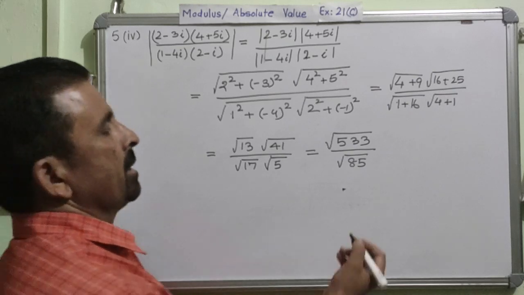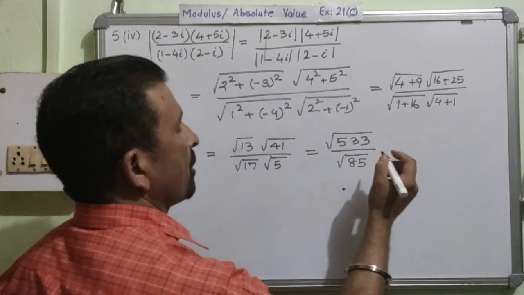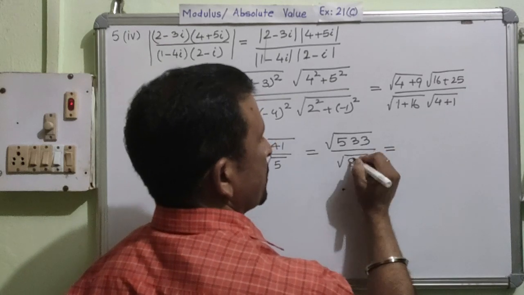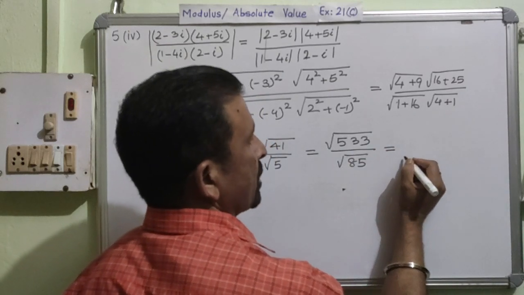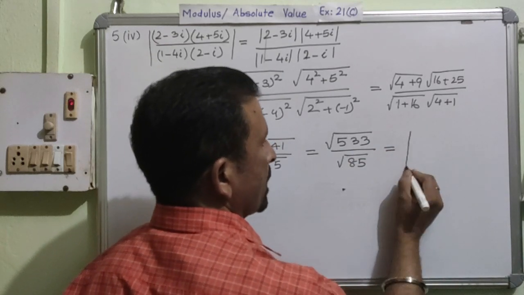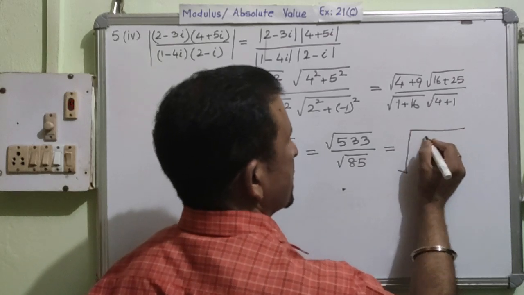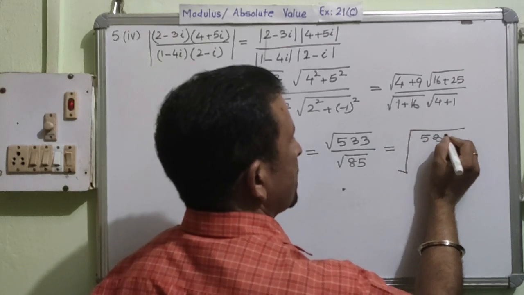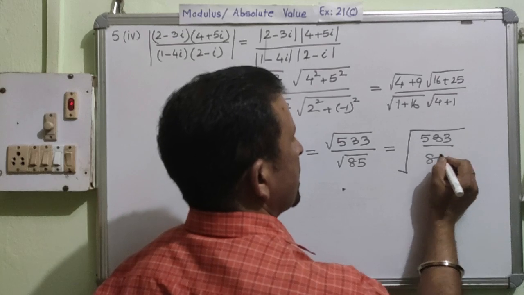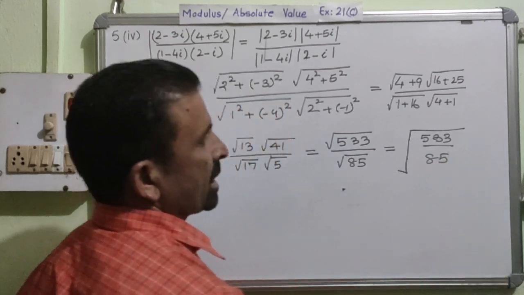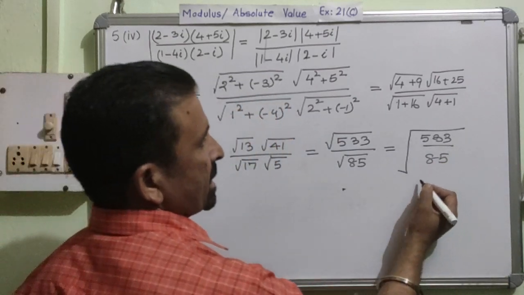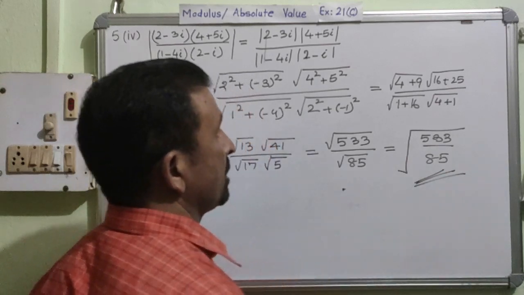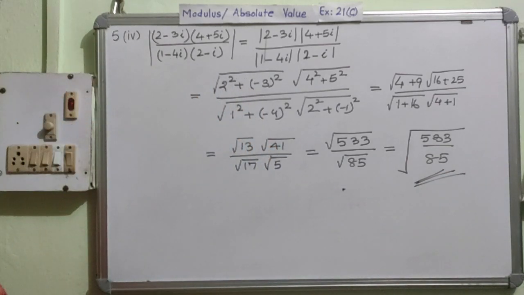And this is the answer for your given complex number. Because we have the same radical sign in the numerator and denominator, we can write the final answer as root over 533 divided by 85. None of the numbers is a perfect square, so this remains as the answer, and this is the value of your given complex number.